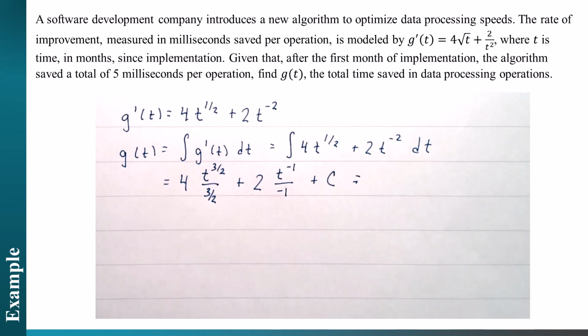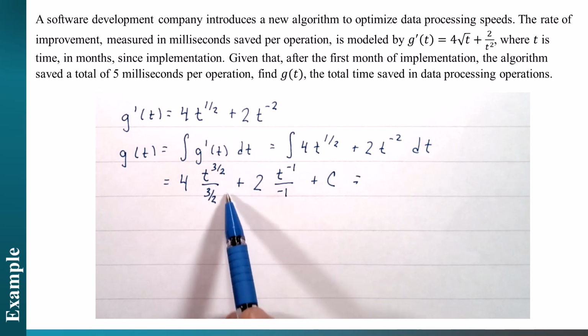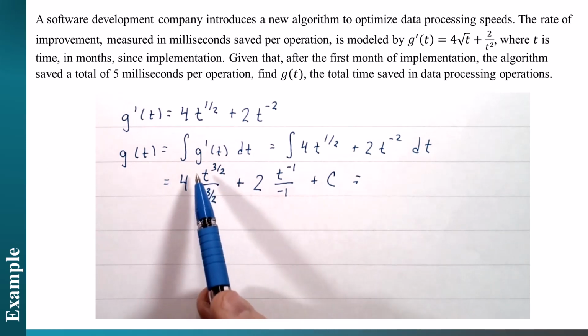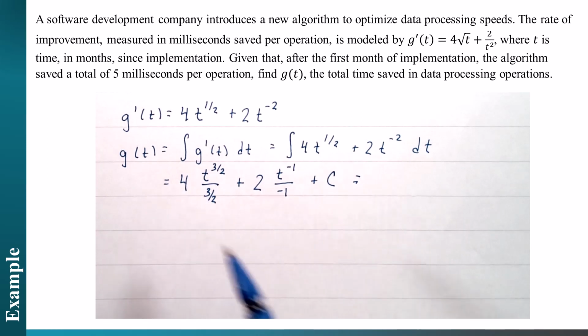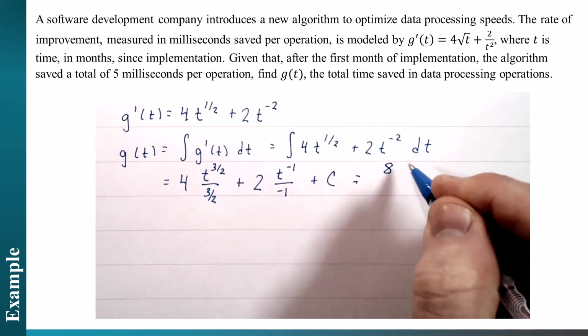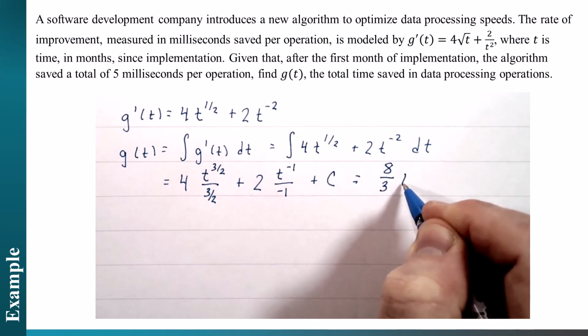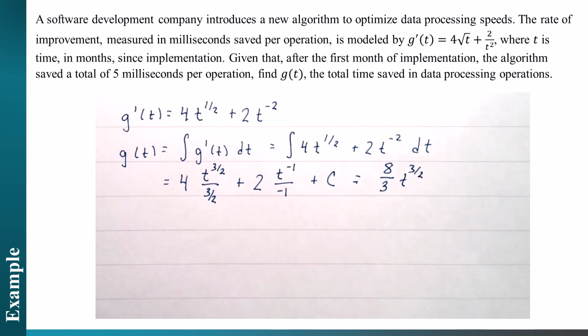And so let's go in here and simplify this a little bit. If I multiply the top and bottom of this fraction here by 2, then the 2 in the denominator will cancel with this one. That would give me a 2 in the numerator, which I can multiply by that 4. And it looks like that would just give me an 8 in the numerator, and I would have a 3 in the denominator, and I have t to the 3/2.